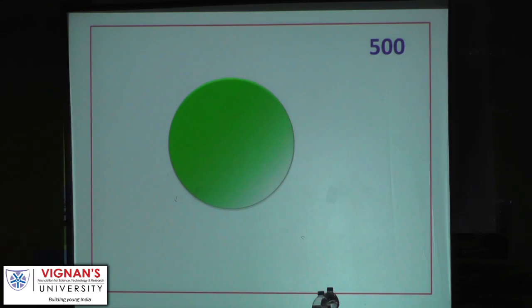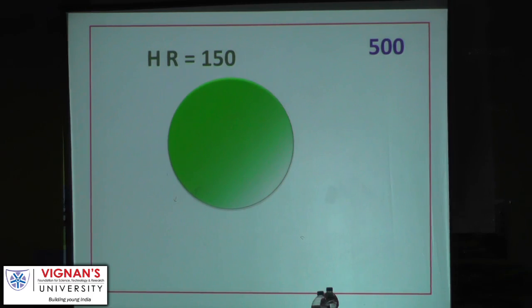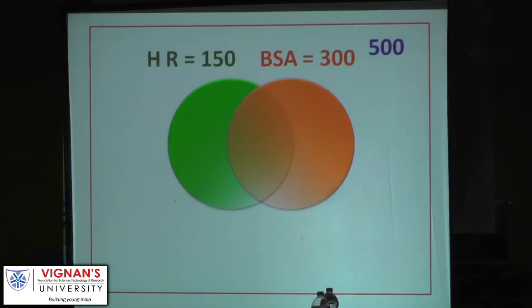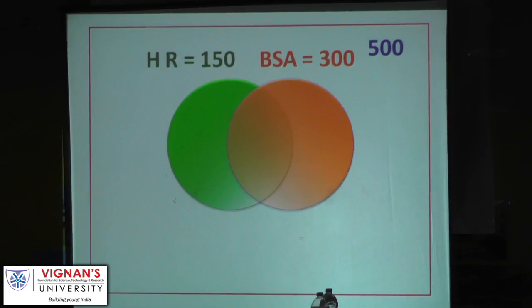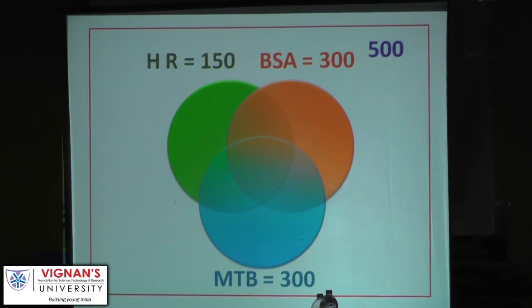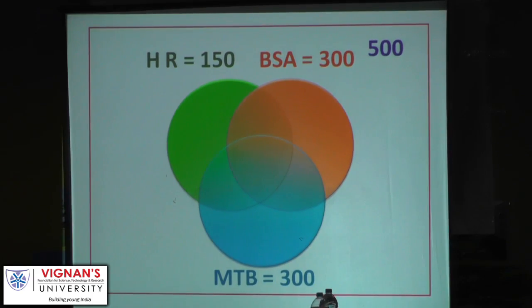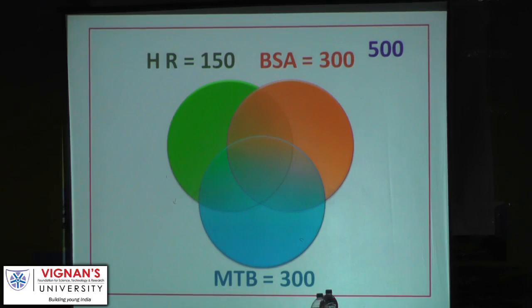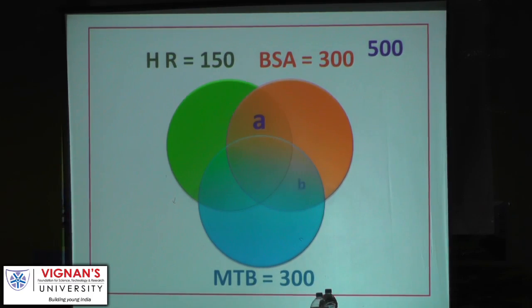500 is the total sample space. Now there are 3 varieties of cycles: Hero Ranger 150, BSA SLR 300, Atlas MTB 300. Now what is the statement given there? What do you call these three together?